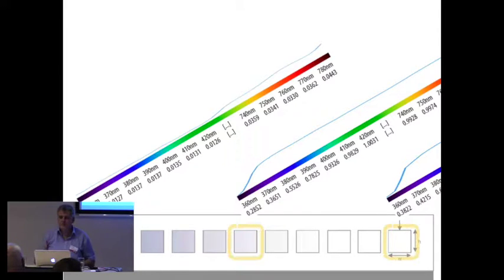And then for red, there will be more reflectance for the red part of the spectrum than for the blue part. So for each of the segments, in 10 nanometer increments, I measure how much energy is reflected for this segment, like ultraviolet, blue, green, yellow, red, and so on.